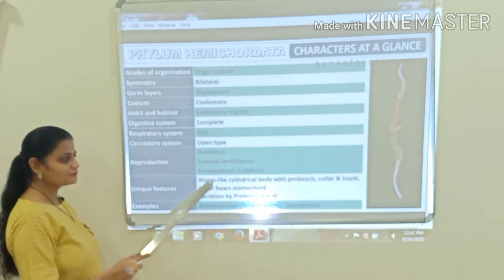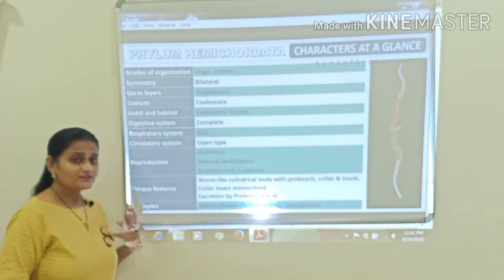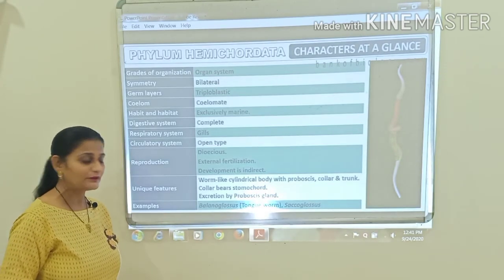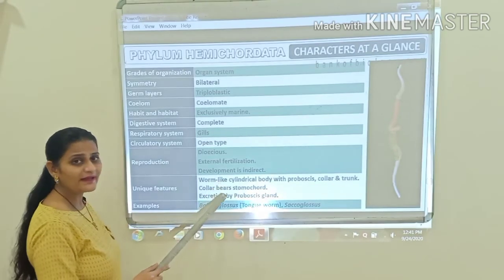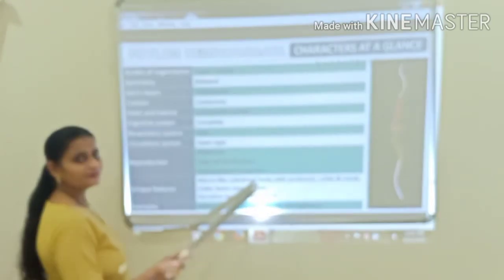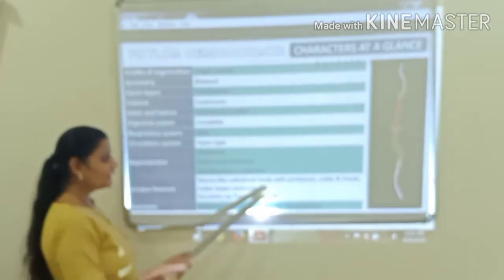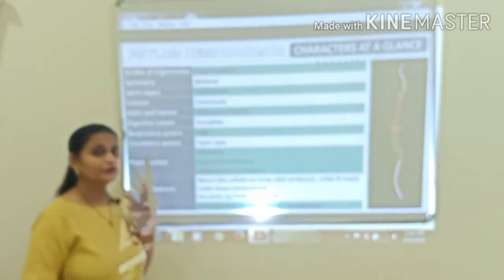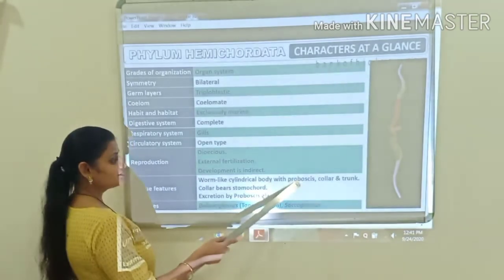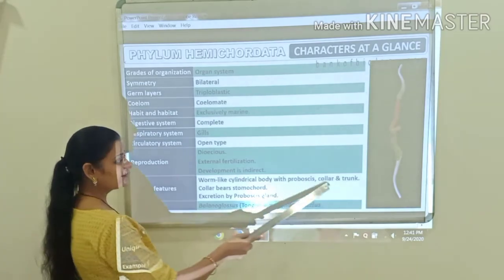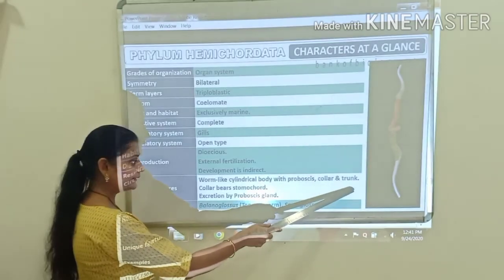Okay, the body is worm-like. These are now some unique features of phylum Hemichordata, that is they are worm-like cylindrical organisms. Body is cylindrical and the body is divided into 3 parts, that is the proboscis, collar and trunk.